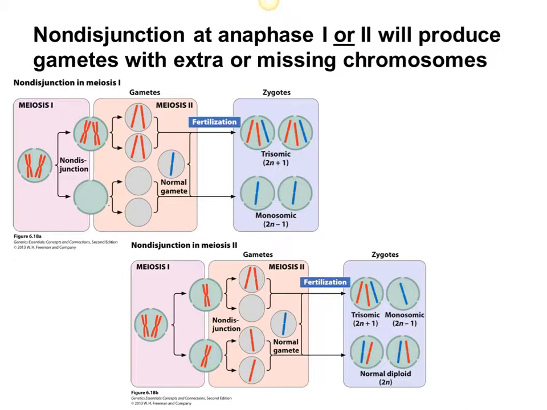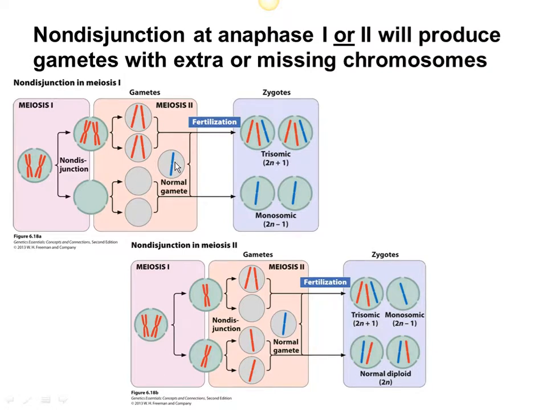Then this cell at the bottom has all the other ones, but it's missing a copy of the red chromosome. This cell got 2 copies of the red. And so let's assume that meiosis 2 happens normally, then these gametes will have 2 copies of the red chromosome. These 2 cells will have no copies of the red chromosome.